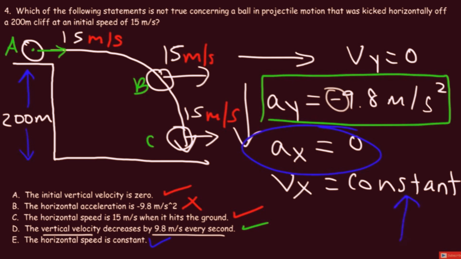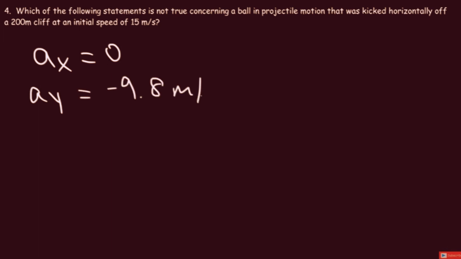So therefore, the only statement that is not true is B. The horizontal acceleration is not negative 9.8, it is zero. For projectile motion, make sure you keep this in mind: ax is always zero, ay is negative 9.8 always, Vx will always be constant, and at the top Vy is zero.